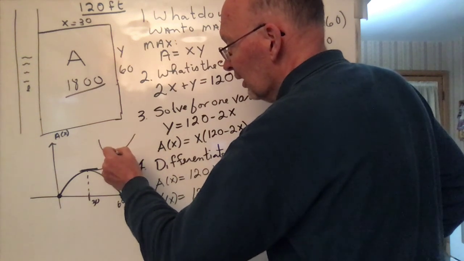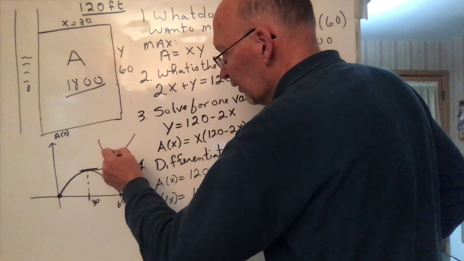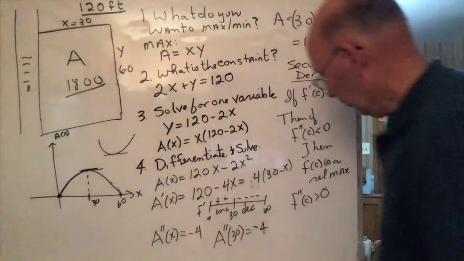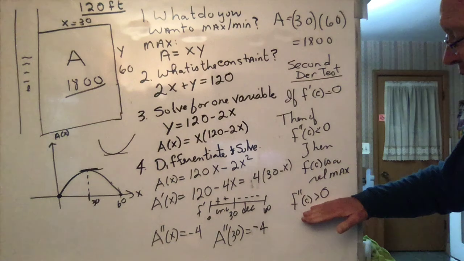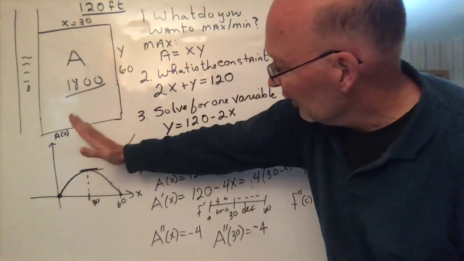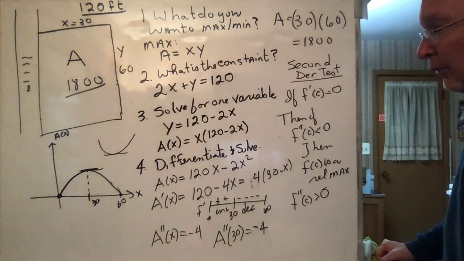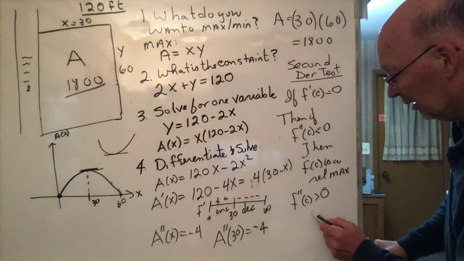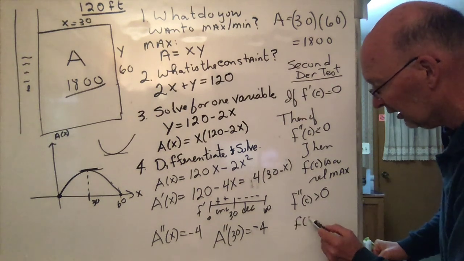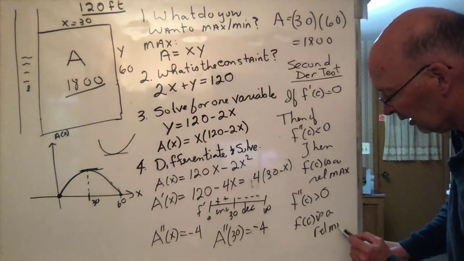I'm talking about the derivative now, not the function. The derivative is increasing as we go, and since the derivative is increasing, you've got yourself a convex function right there, and so you've got yourself a relative minimum. f of c is a relative min.